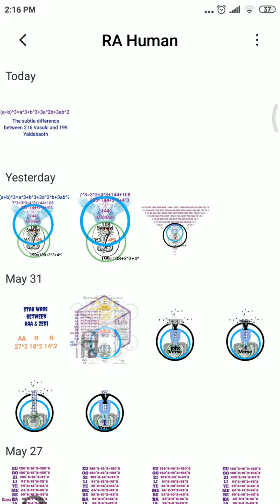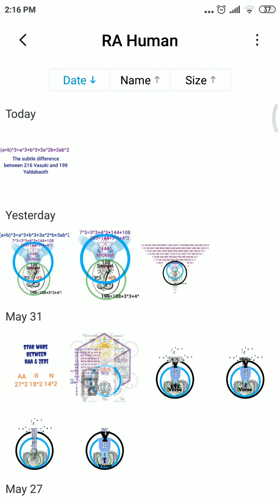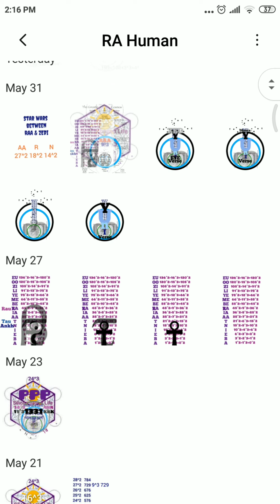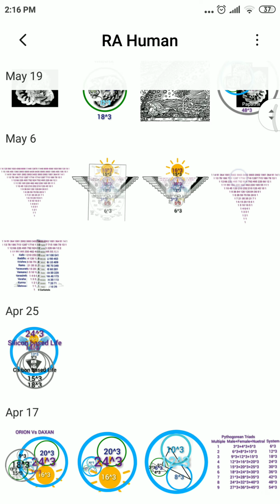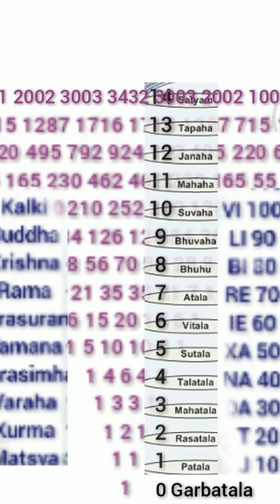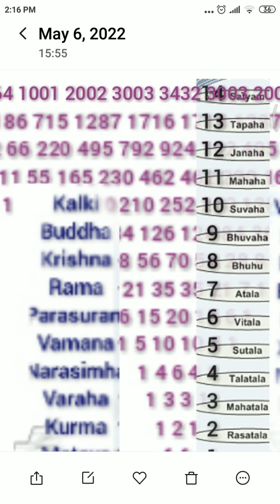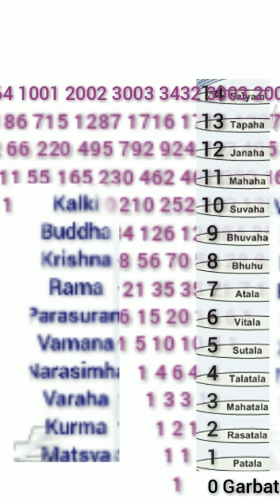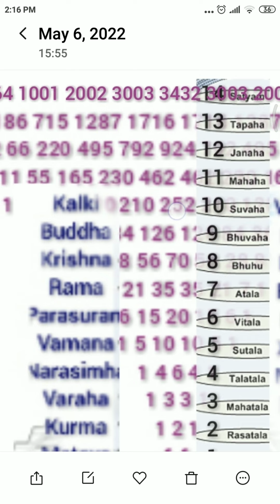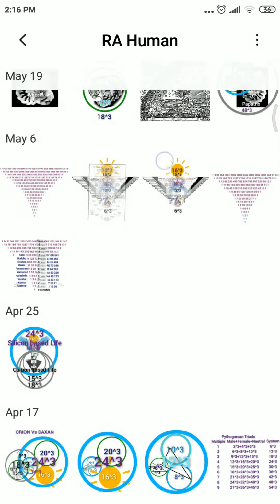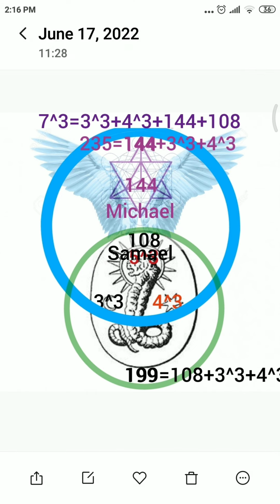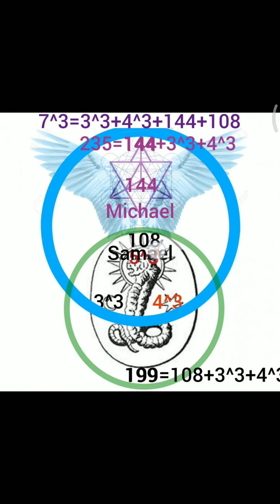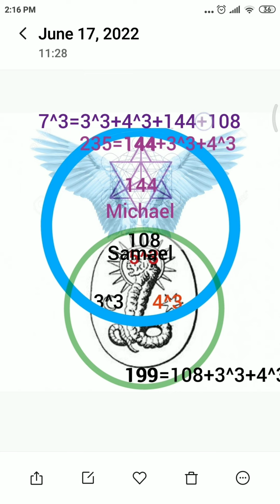And according to me, we are in the phase of the age of Lord Krishna here, though not Buddha yet and Kalki yet. Kalki is perfect order, 252, as I just explained. The total of 144 and 108 is 252. So 252 plus 3 cube plus 4 cube, that is moon and sun, is perfect order.